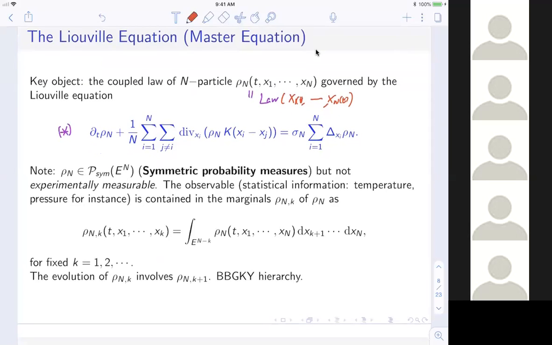This is actually a linear evolution equation. It's a forward Kolmogorov equation, usually also called the master equation.